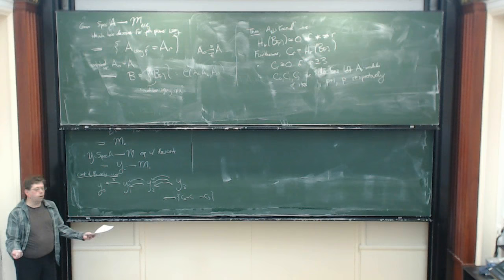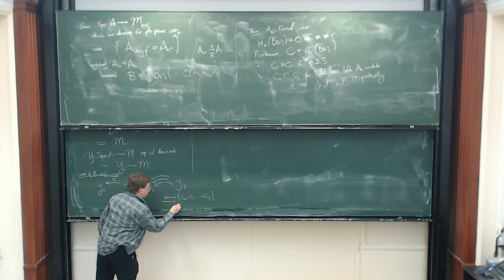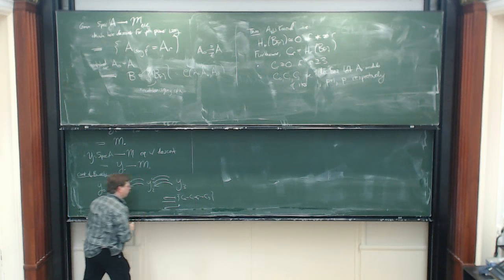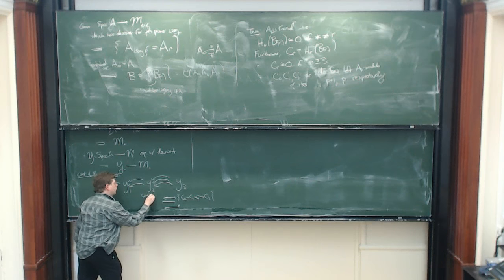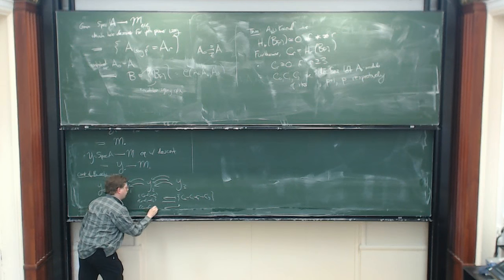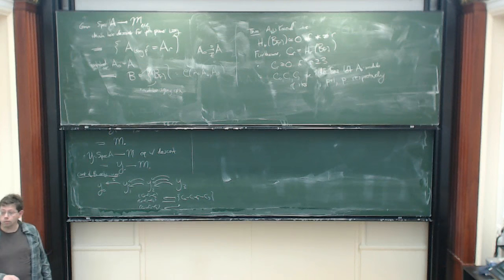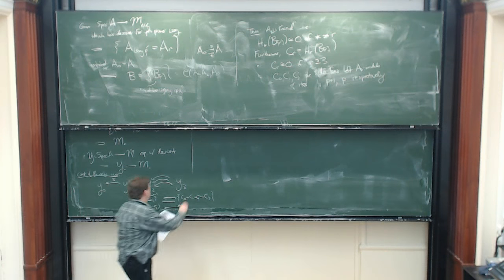I want to make sure that I always keep C0. So the three different face maps here, because there's only three of them, are C0, C1 to C2, C0 to C1 to C3, or C0 to C2 to C3. I don't use the face map that forgets about C0. I always keep the source in my sequence of arrows. I always keep the first object.